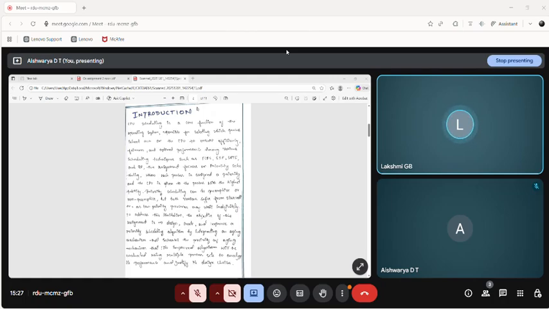However, priority scheduling has a major drawback called starvation. This happens when low priority processes keep waiting because new high priority processes keep arriving.